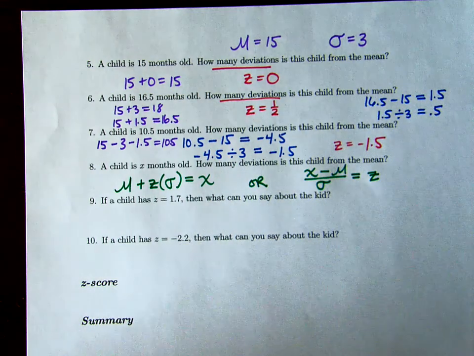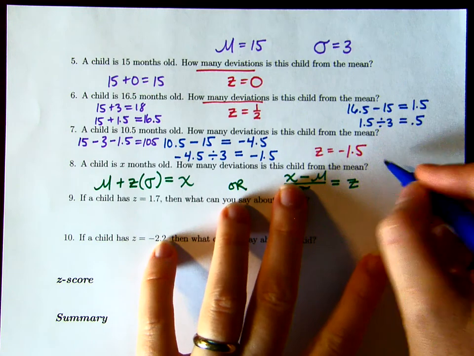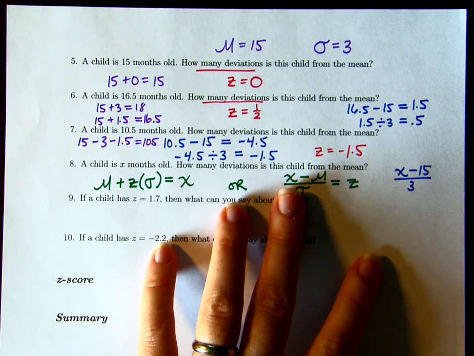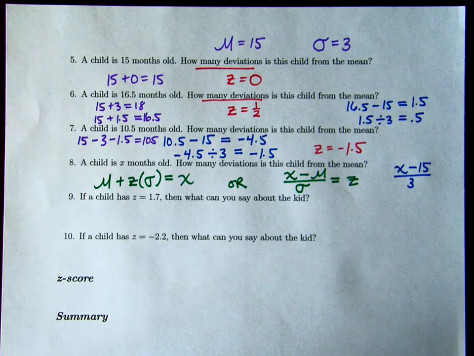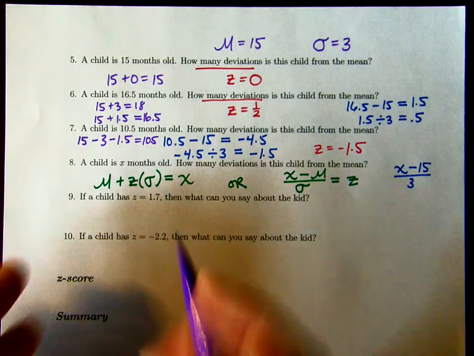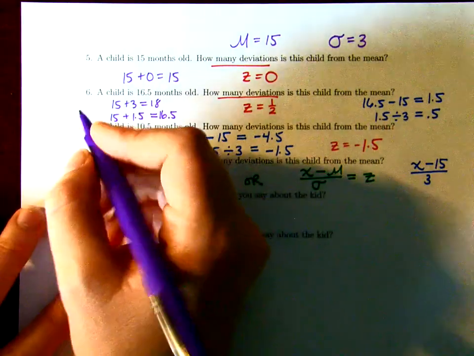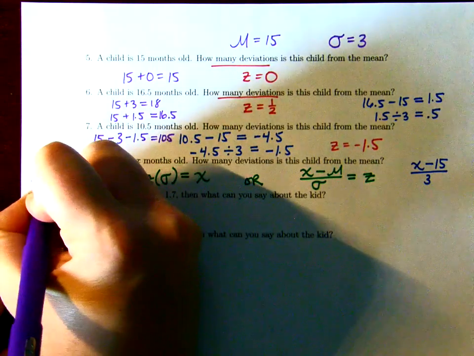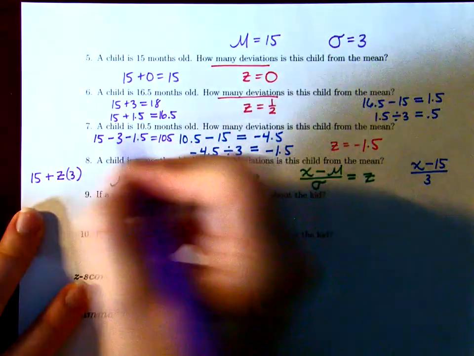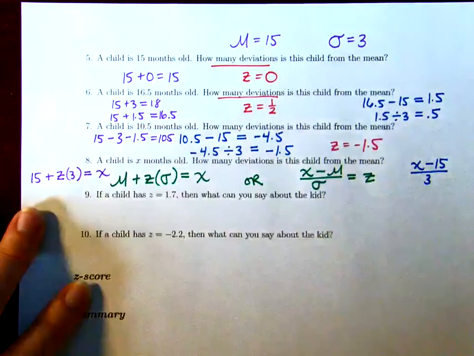So just so that we're keeping tabs on this, this would look like x minus 15, and then divide that by 3. And this one, viewed a little bit differently, would be: take the mean, so the 15 plus however many 3's, and that should give you the age.